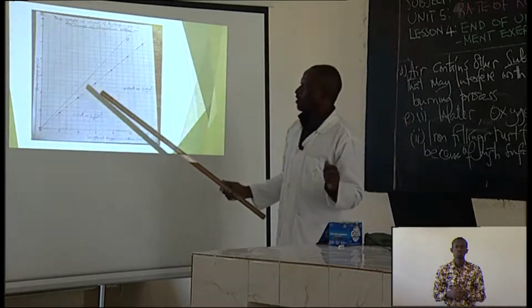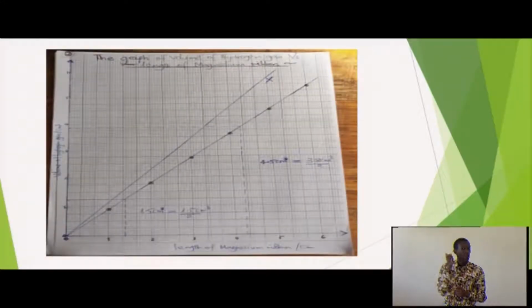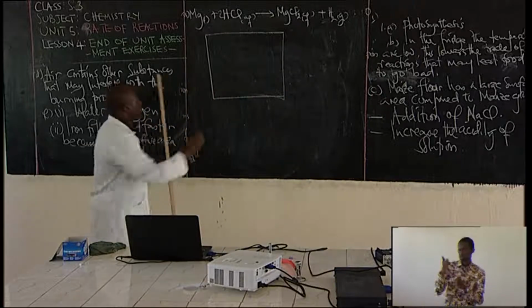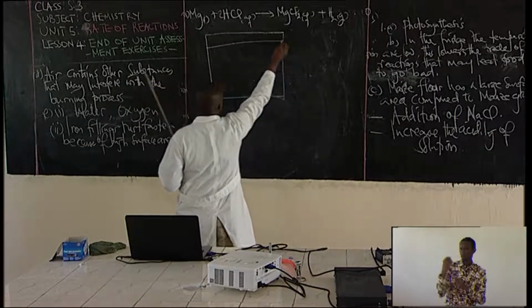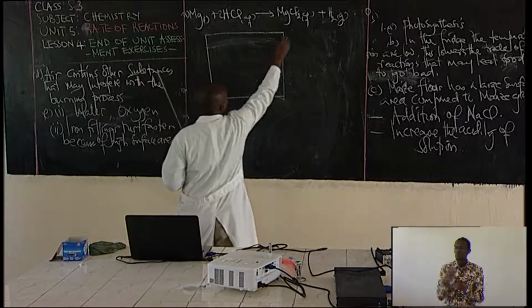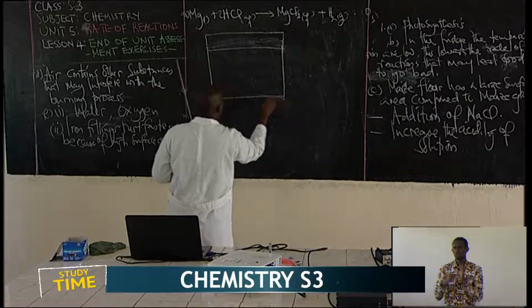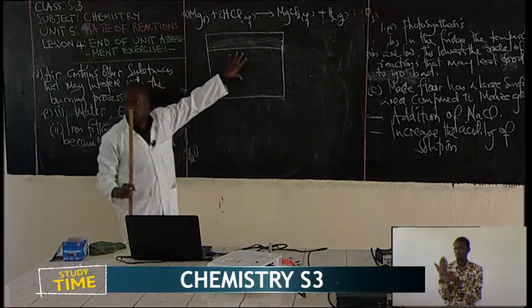Make sure whenever you are drawing the graph, at least your graph covers 3/4 of the graph paper. Maybe if I divide this paper into 4 equal parts, probably this will take the 3/4.